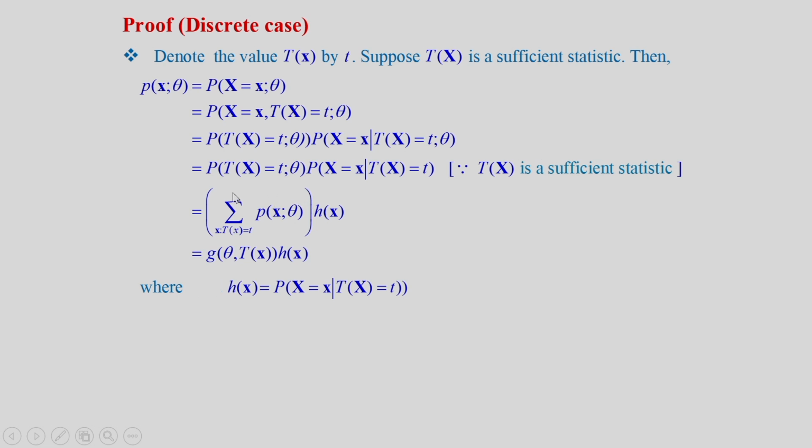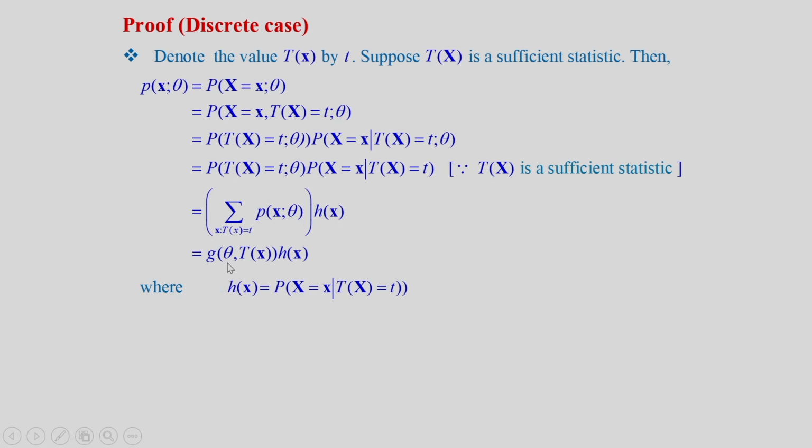So, this term now I can expand in terms of the joint PMF, summation of joint PMF for those values of x for which T(X) is equal to t. Into this part, now this is a function which does not involve any parameter or the statistic, it is simply a function of x.